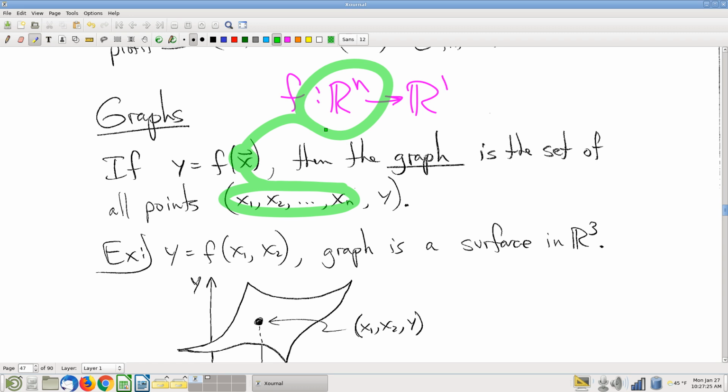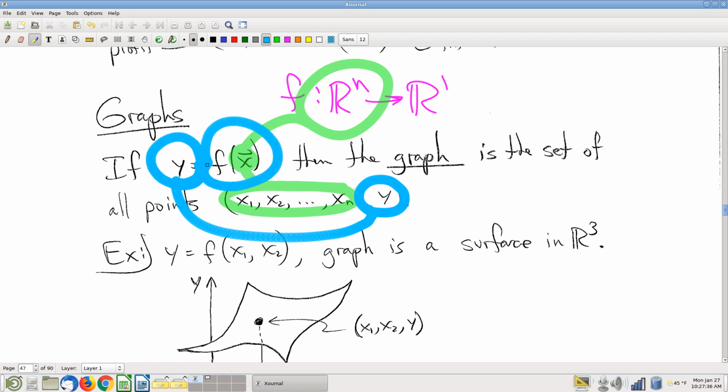But then, in this same list of coordinates, we're also attaching the output value, which is just the value of the function, in the target, R1.